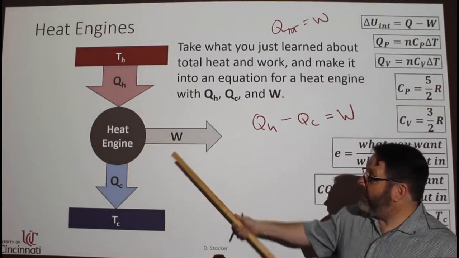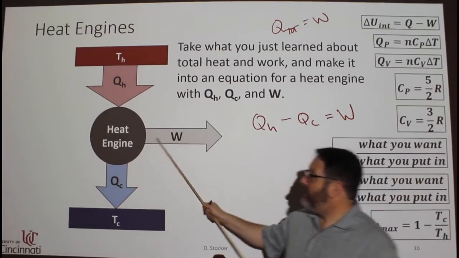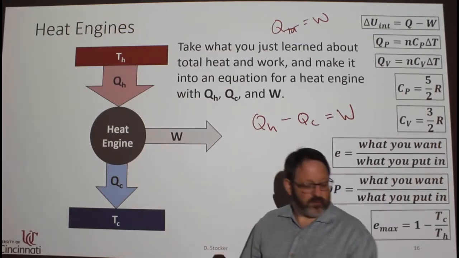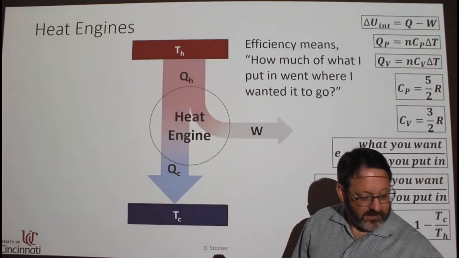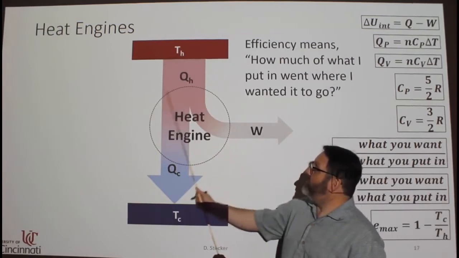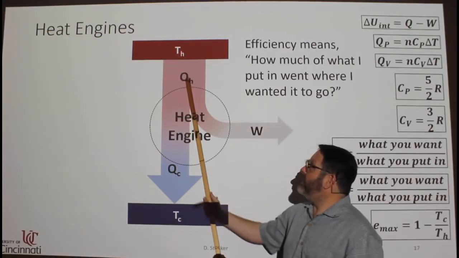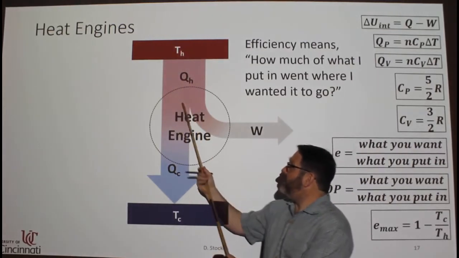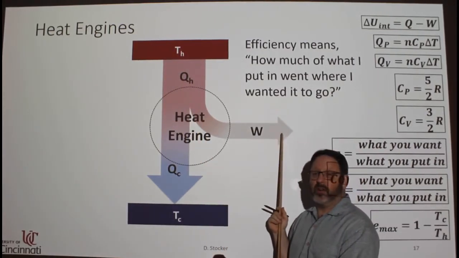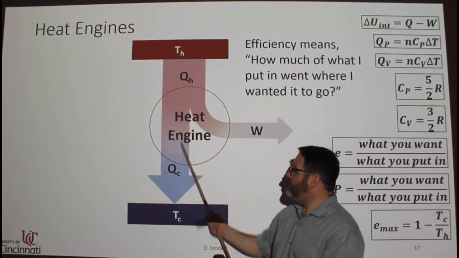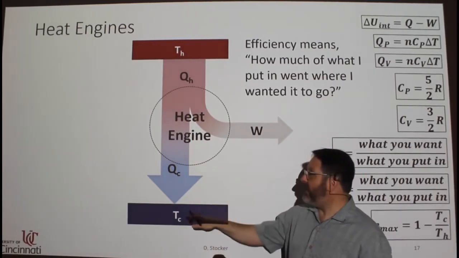Now I'm going to draw the heat engine slightly differently. I'm going to take this gray circle and open it up so we can look inside. So this is the new gray circle now. So you can see what's happening is the heat comes in from here. Some of that heat is getting converted into work. And some of that heat goes out into the atmosphere.